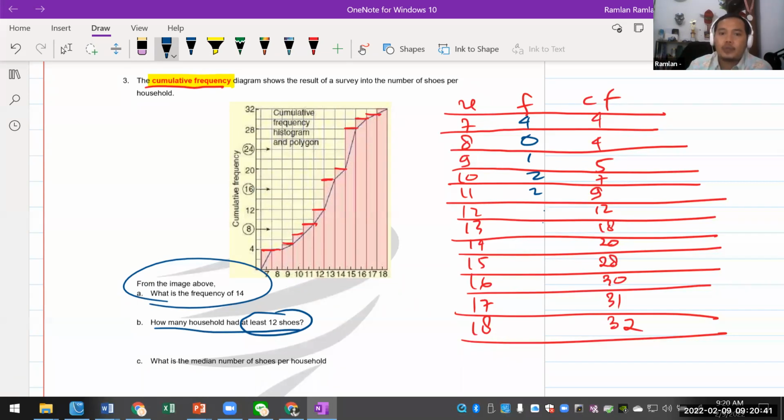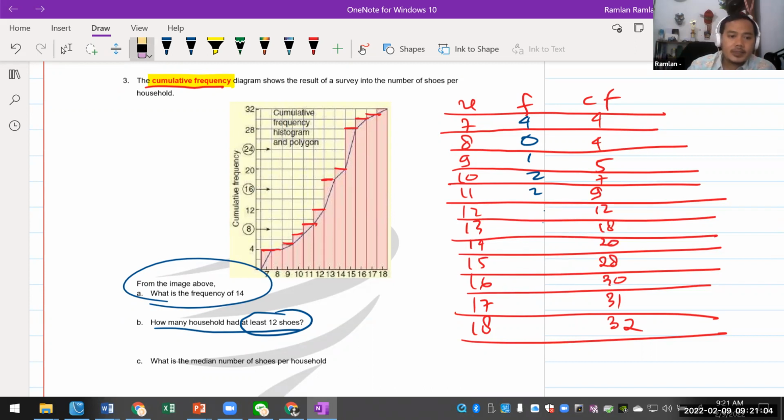So you will add up the frequency from here to here. The frequency of 12, 13, 14, 15, 16, 17, 18, just add them all together and then you will get the answer. Okay, that is for B.